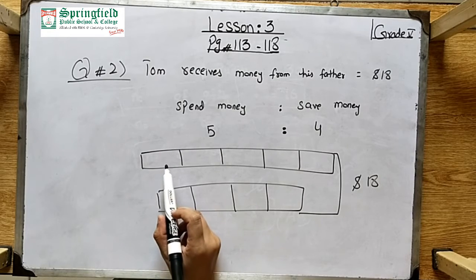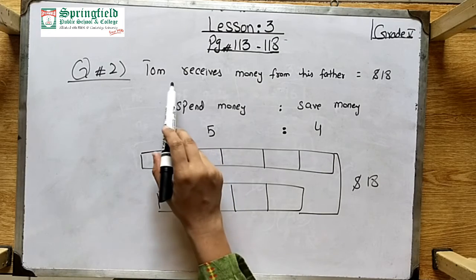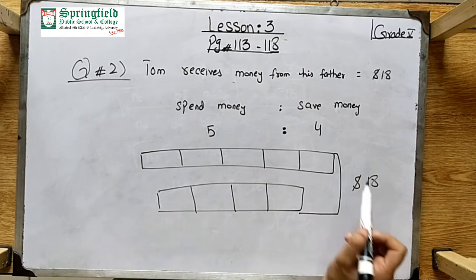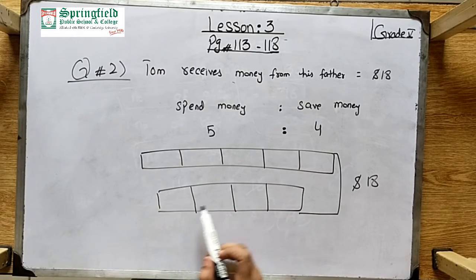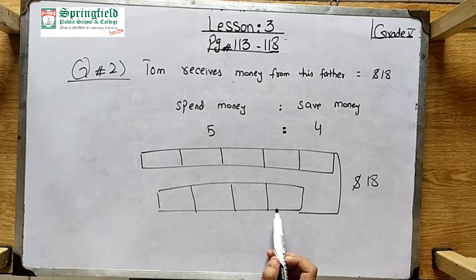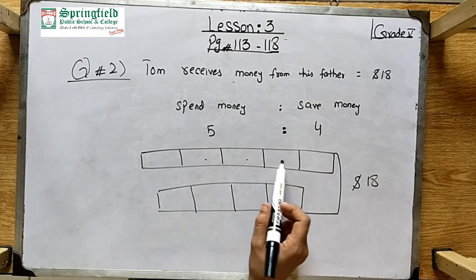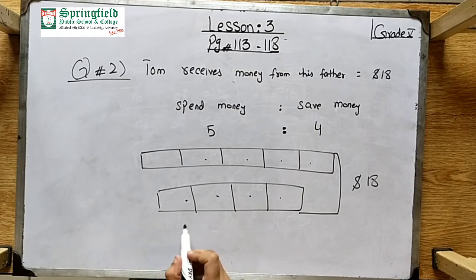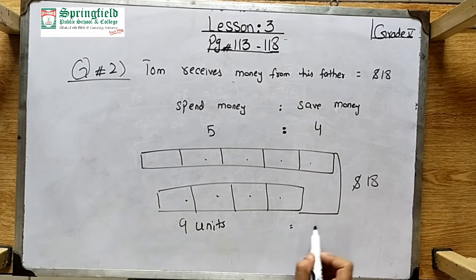How many units are here? 1, 2, 3, 4, 5, 6, 7, 8, 9. As they are saying, Tom received money from his father, and the total money is $18. This is the spend money part and this is the save money part. So there are 9 units, and 9 units is equal to $18.